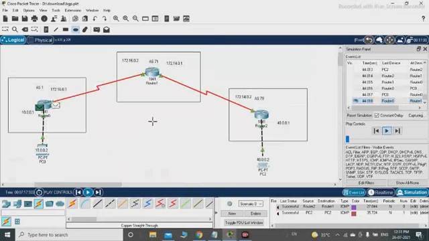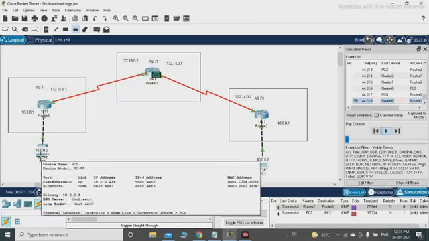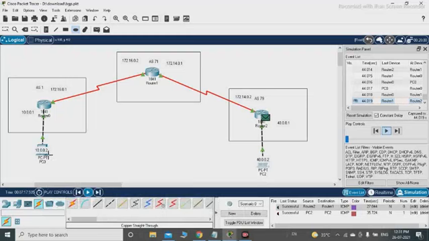This is the BGP configuration we have designed. Here PC0 has the IP address 10.0.0.2 with the subnet mask, and the default gateway has to be set as 10.0.0.1.